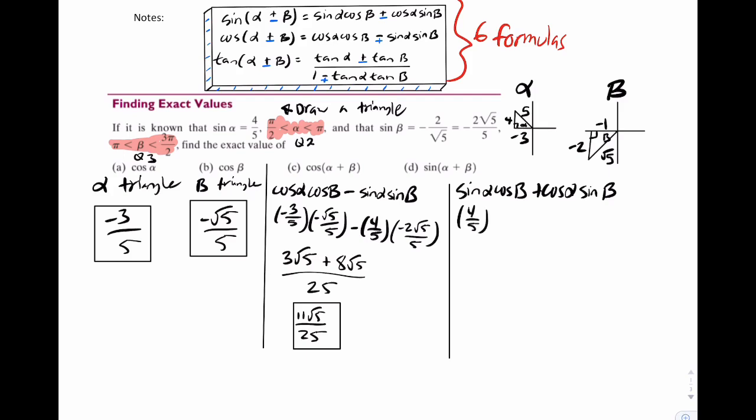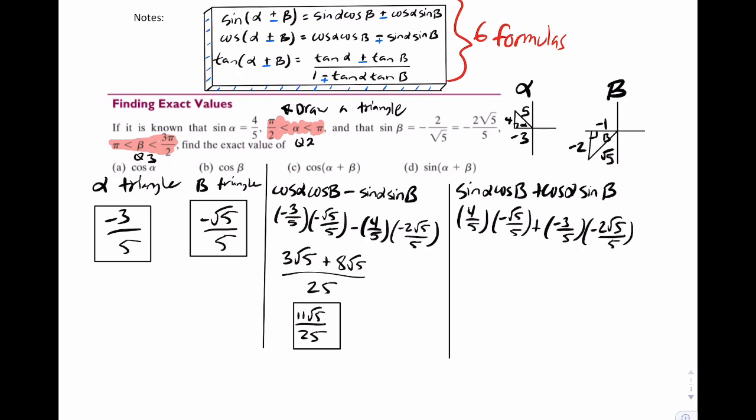Cosine beta, that is negative root 5 over 5. Cosine alpha is negative 3 over 5. And sine beta, that's negative 2 root 5 over 5.